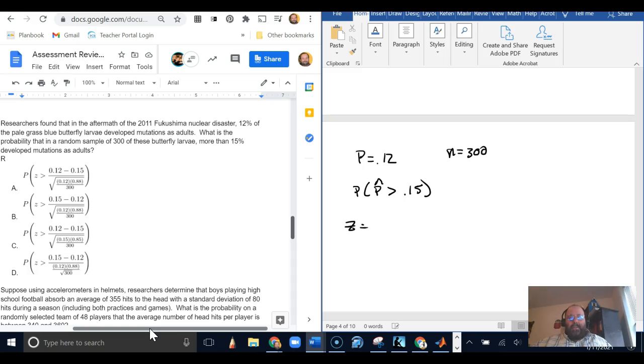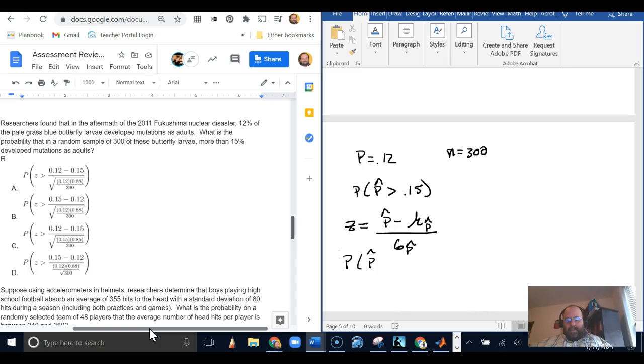So remember, Z here is going to be P hat minus the mean of the P hats over the standard deviation of the P hats. Building this out again, you can play the same game we did before.